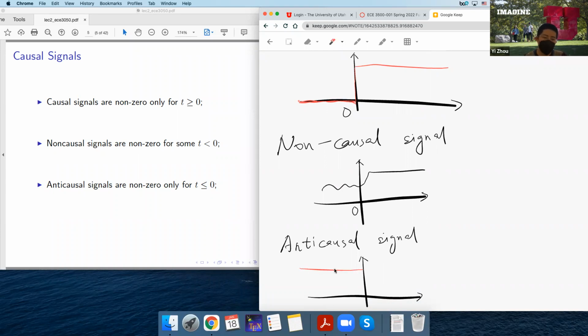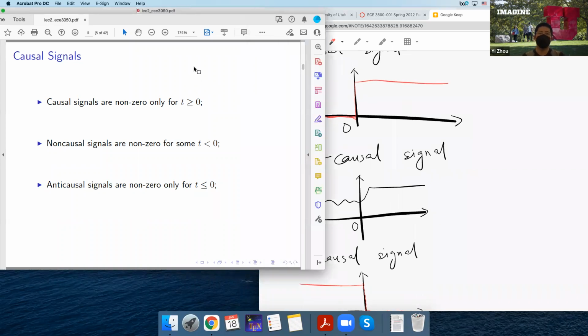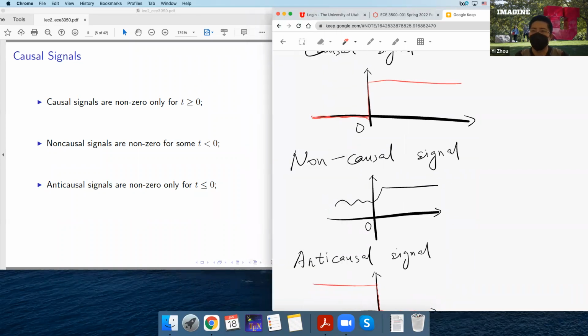The signal can only exist when t is less than 0. So when t is greater than 0, it has to be 0. The signal has to be vanishing. So this is the definition of causal signals.